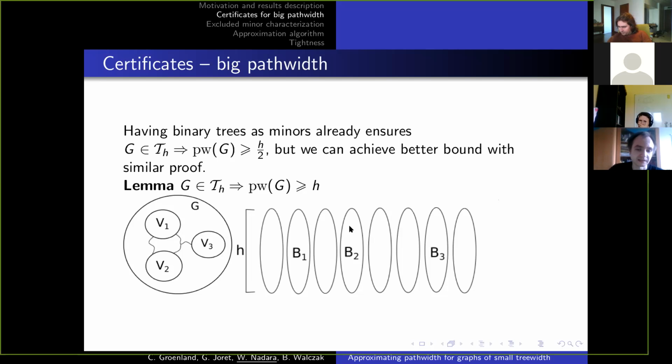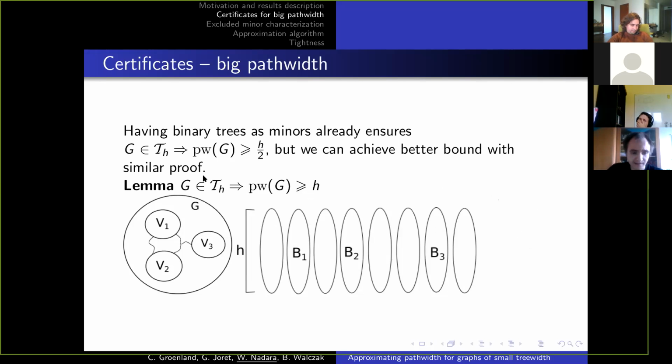However, if we remove the vertices of a bag of a path decomposition from our graph G, then we know that vertices that are fully contained on the left and vertices that are fully contained on the right are disconnected from each other.